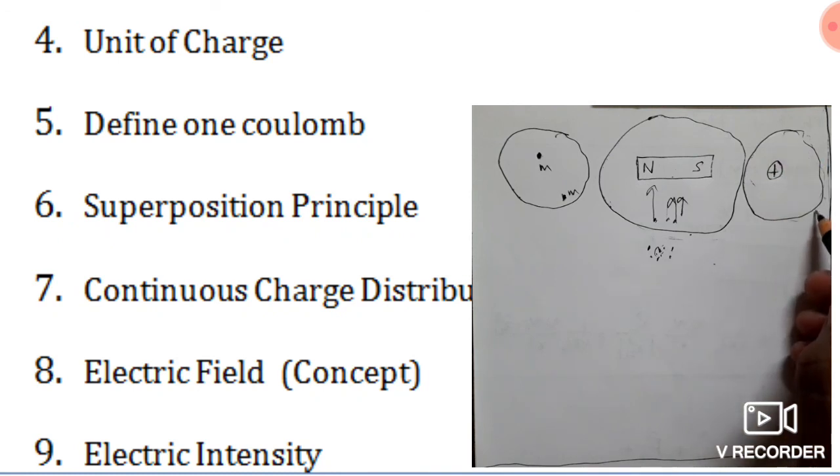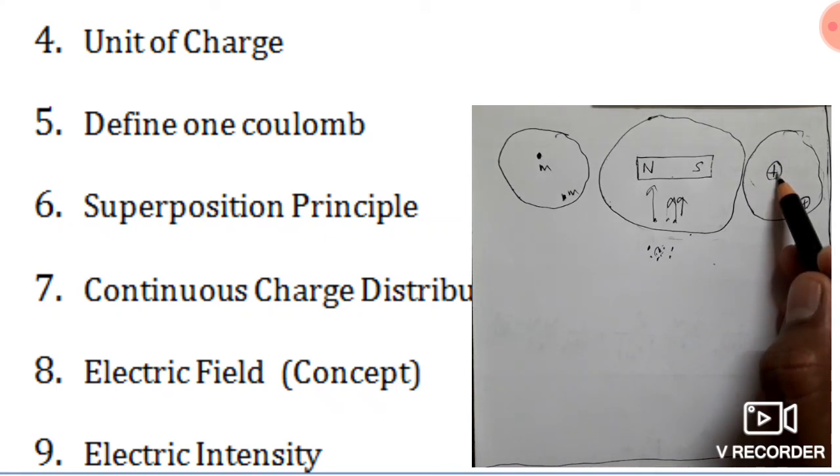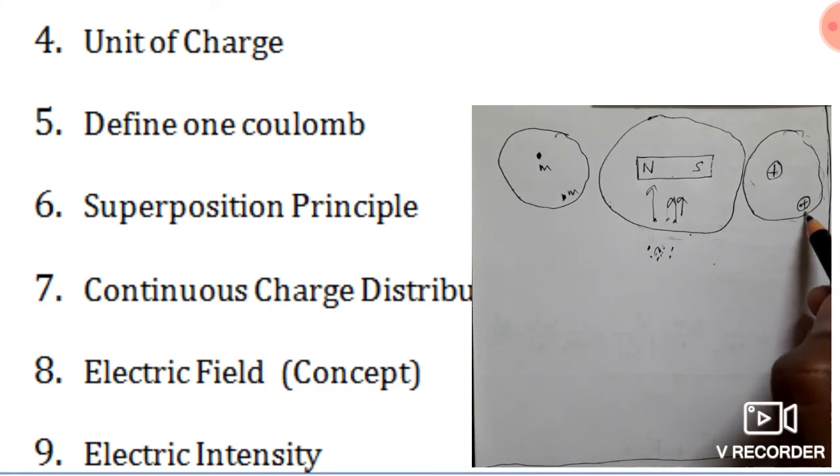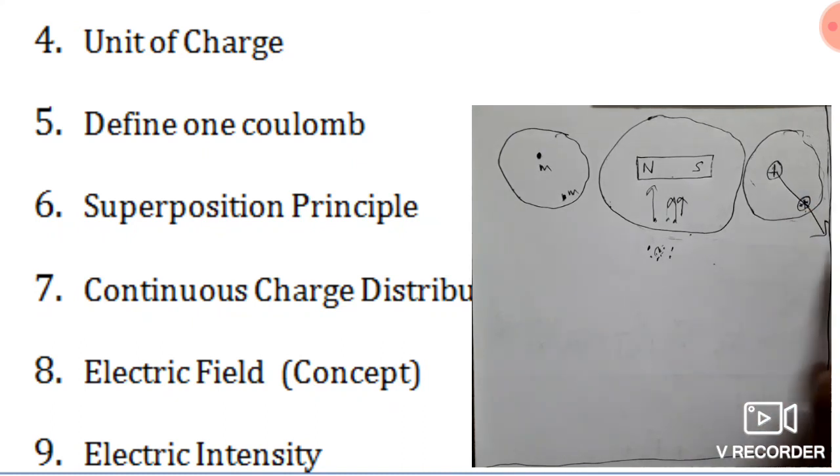Let us bring a positive charge within this field. If we place a positive charge in the electric field of this source charge, then due to the similar charge, it will experience a force; it will repel it.